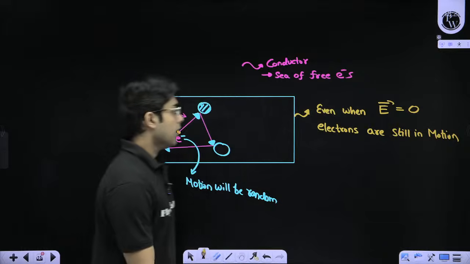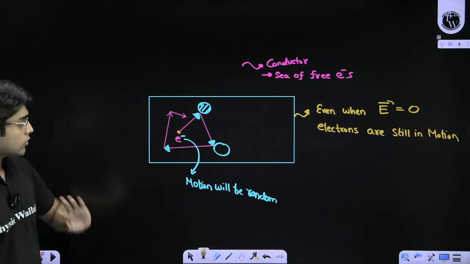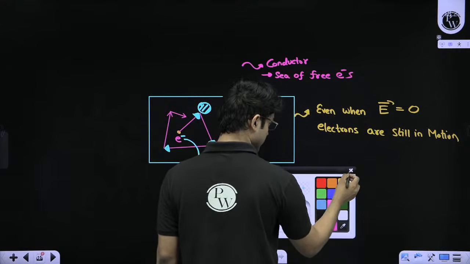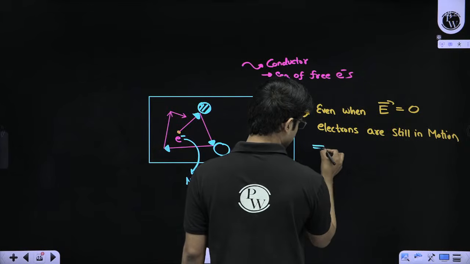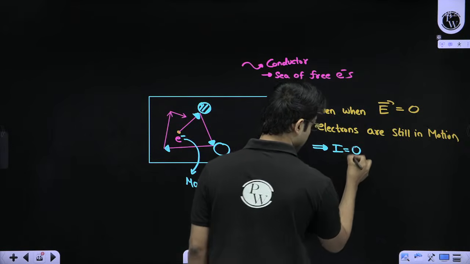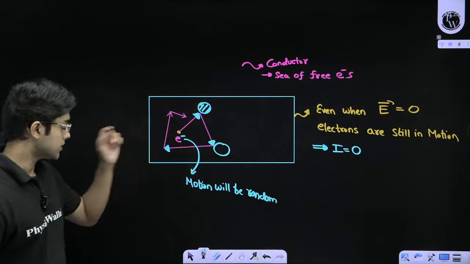But even though the electrons are in motion, in this case the current will be 0. So let's see why the current is 0 in this case.